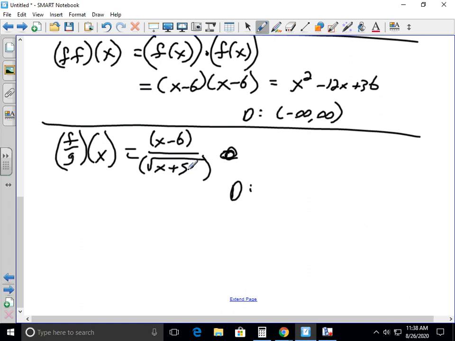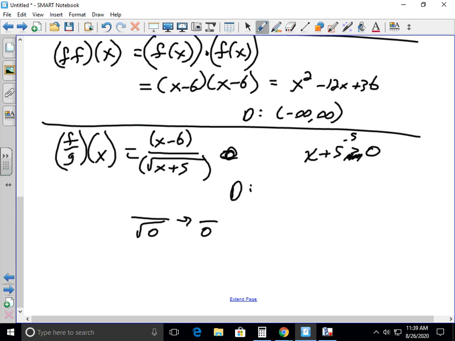So if we only looked at the square root, as we did before, what's underneath has to be greater than or equal to 0. But what about 0? Can it be 0? If this gave us 0, we would have the square root of 0 on bottom, which is 0, and we can't divide by 0. So we're not allowed to use the equal here.